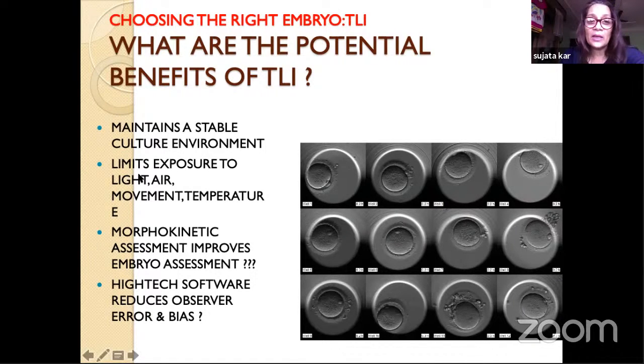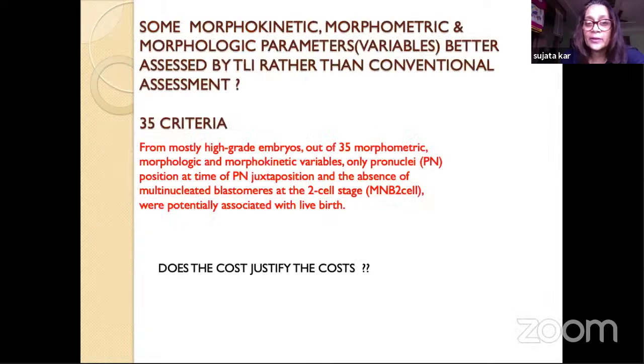Advantages are many. It maintains a stable culture environment. It limits exposure to light, air, movement, temperature. Morphokinetic assessment is also added to the morphologic assessment. High-tech software can reduce observer bias and error.